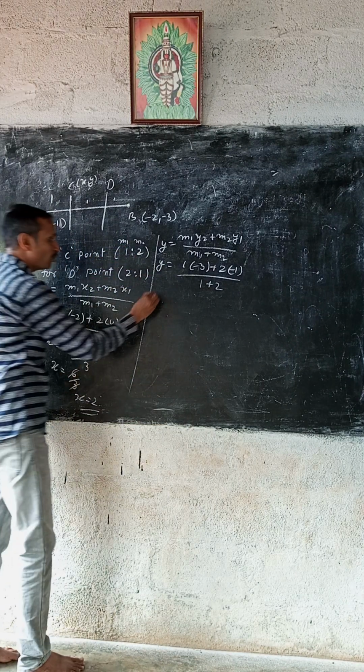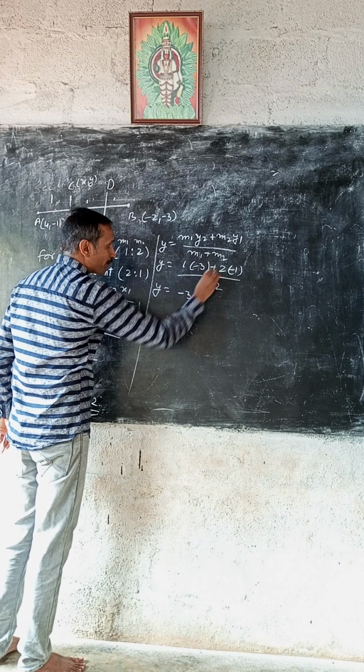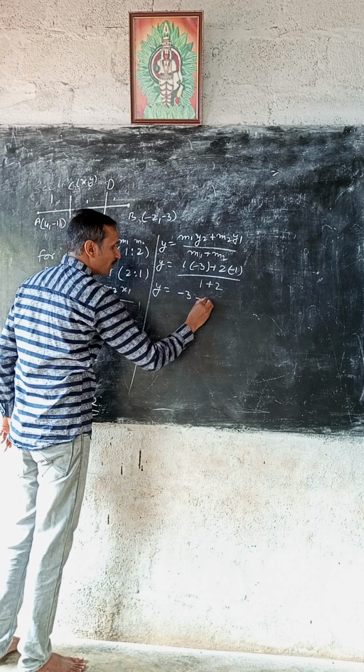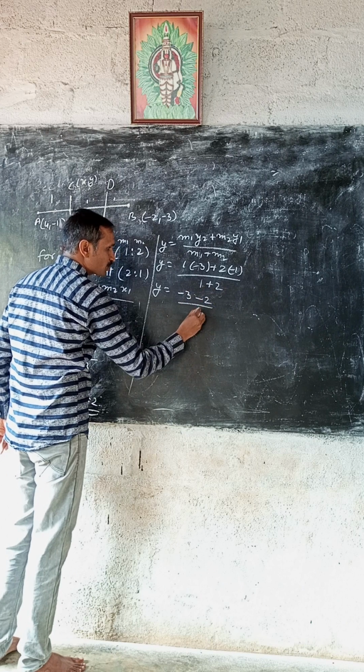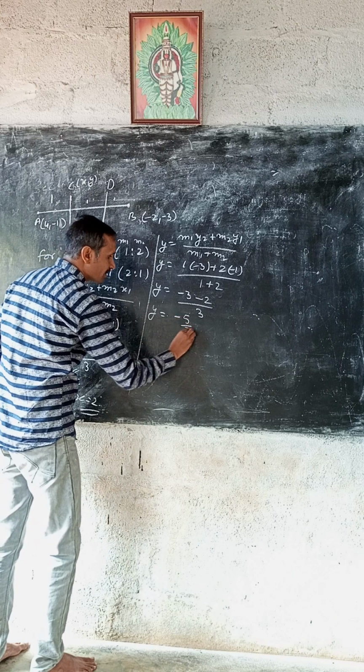Then y = (1 × (-3) + 2 × (-1)) / (1 + 2) = -5/3.